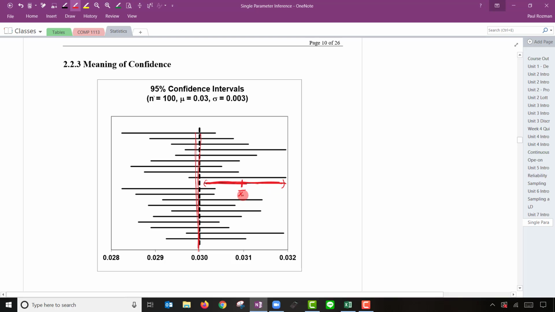And that messed up my mean, and I missed. I came up with a confidence interval that did not contain the population value. But I was pretty good all the way along here. I only failed in one case, and I did it 20 times. So 1 out of the 20 times I failed, 5%.